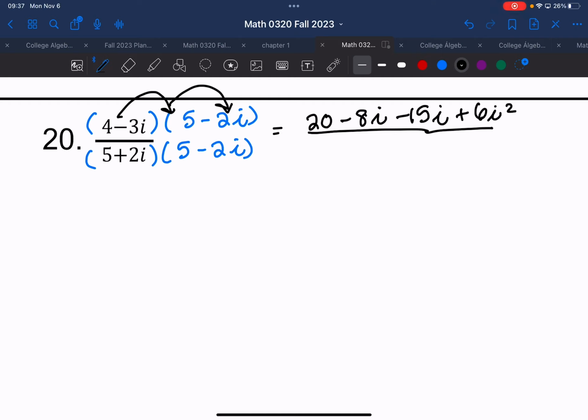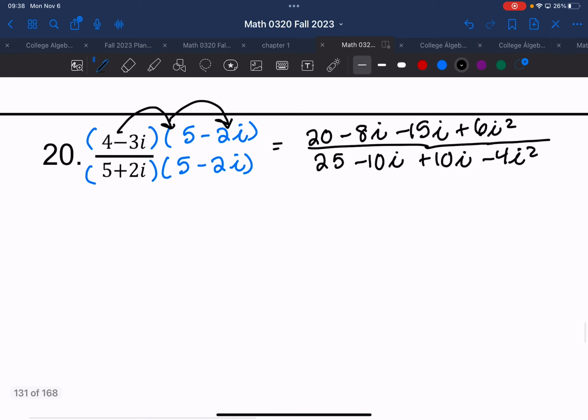So 5 times 5, 25. 5 times negative 2i, negative 10i. 2i times 5, 10i. And then 2i times negative 2i, negative 4i squared. Okay, now we're going to simplify.